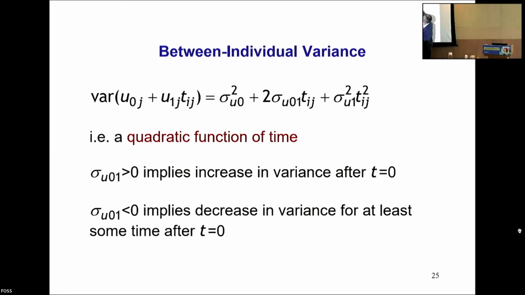You can see here, time or our x variable is a squared term. That means that it's not a linear function of the variance. It means that we've got a variance slope that's either decreasing in a curvilinear way or increasing in a curvilinear way.